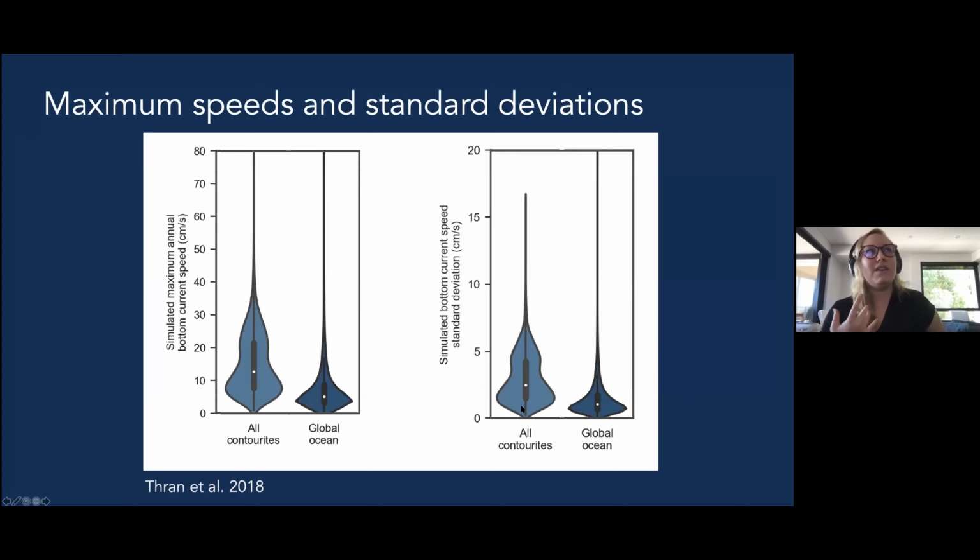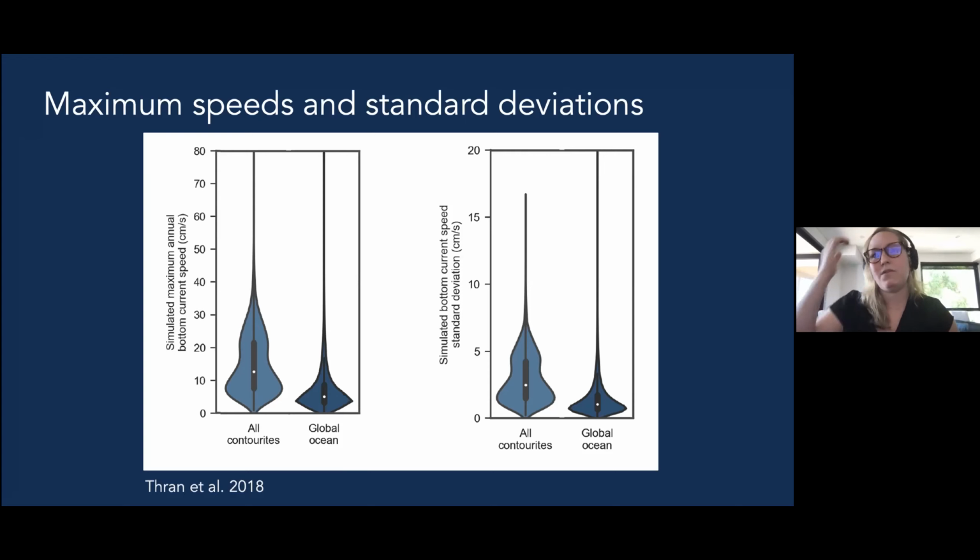And so in this field, it's often assumed that a bottom current has to be quasi-stable and persistent enough to continuously rework and move sediments around and build the drift. But I would actually argue here that it's more important for a bottom current to be fluctuating in intensity on intra-annual scales, because this allows sediments to be reworked, but it also allows sediments to accumulate during more quiet periods.